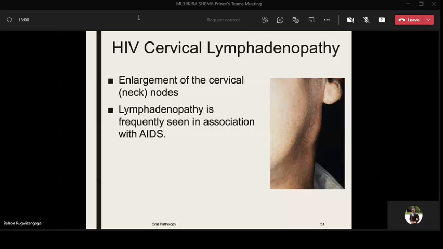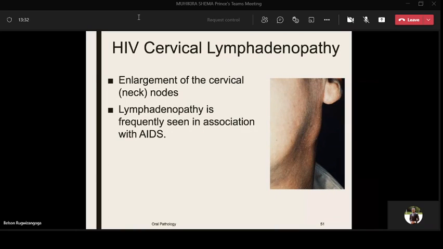When they are too much depleted, the person will develop cervical lymphadenopathies, or generalized lymphadenopathies. But here we are talking about the cervical ones. Otherwise, the patient may have lymph nodes enlargement in the inguinal, cervical, axillary areas, and even around the visceral organs. So lymphadenopathy is frequently seen in association with HIV.